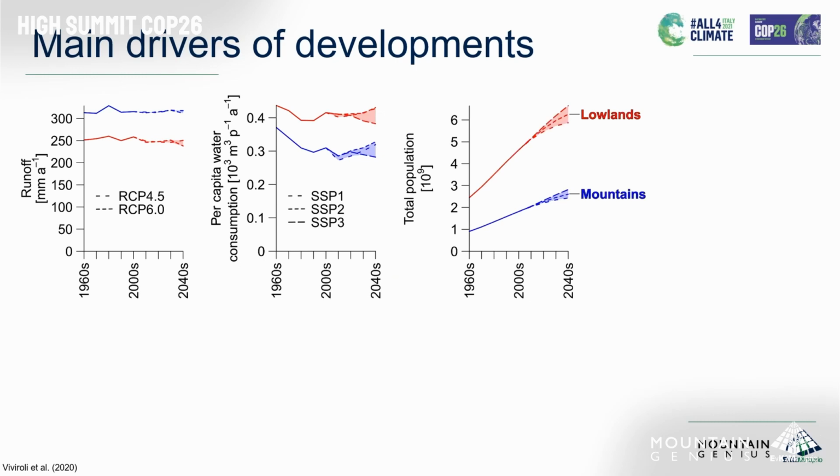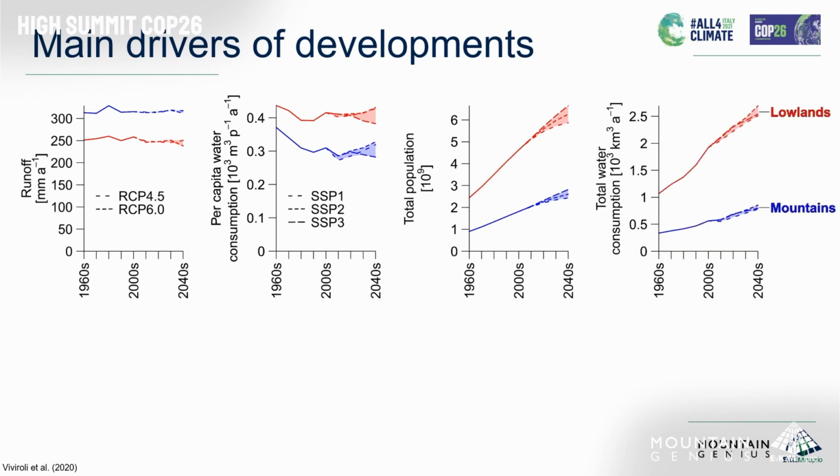But the real explanation for the patterns in this research that I showed you is population growth. So even if everyone of us uses less water, we are more people, and together total water consumption is clearly rising, both in the mountains and especially also very steeply in the lowlands. So that's really the explanation here for the patterns that we saw.